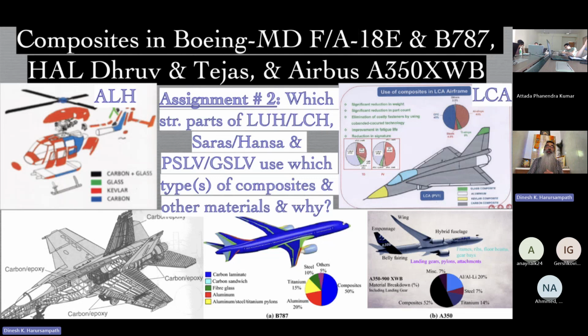They put them all together. Of course, as the number of aircraft has grown, they have many different classifications. But even Indian aircraft like LUH, LCH, Saras, Hansa, or the launch vehicles, you will see those listed in Jane's.